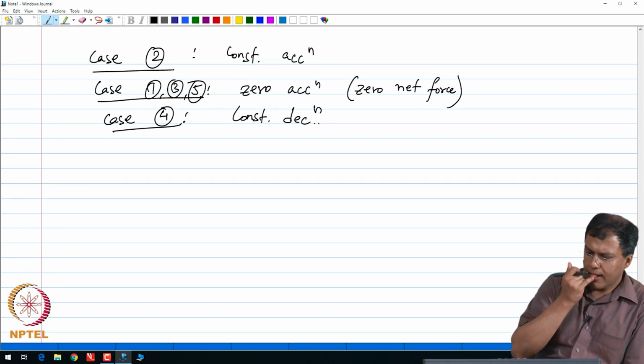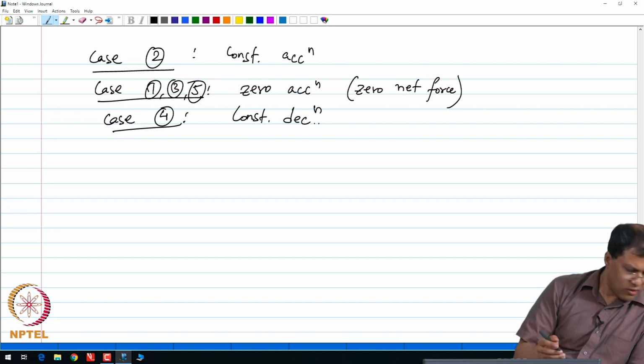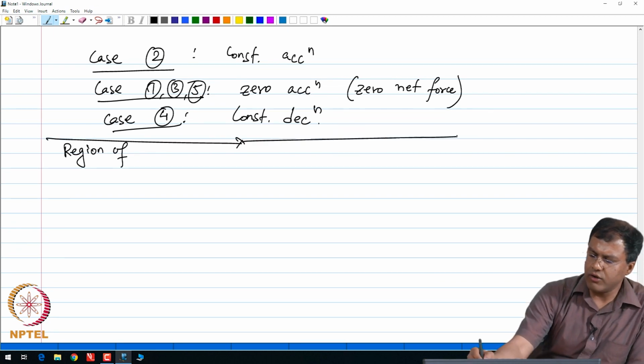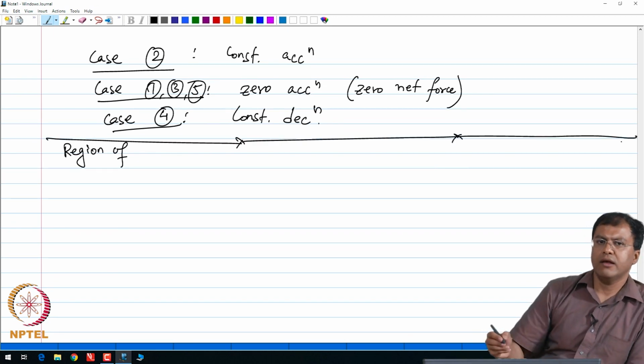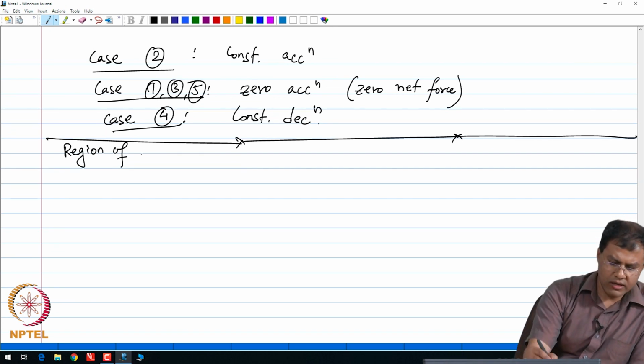So, let us try to find all these regions of constant acceleration and constant deceleration. Let us look at the region of constant acceleration and try to find how much time is taken by the inner nanotube to spend in this region, which is case 2.